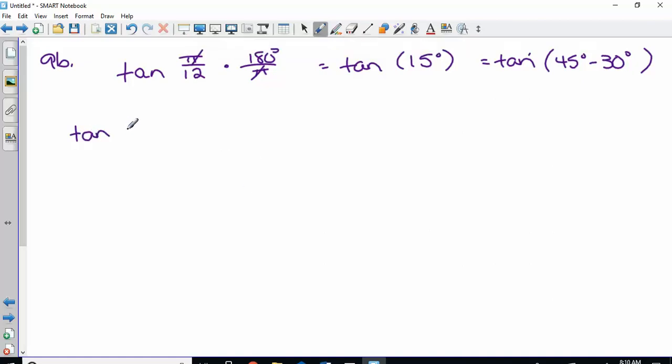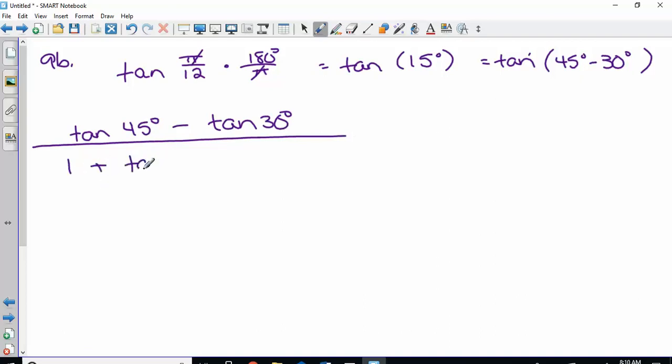So we are looking for the tangent of A minus B formula. So that formula is tangent of A minus tangent of B over 1 plus tangent of A tangent of B. So what is the tangent of 45 degrees?